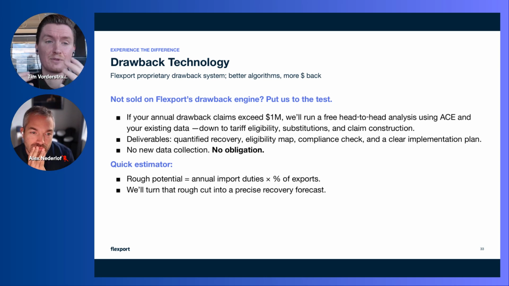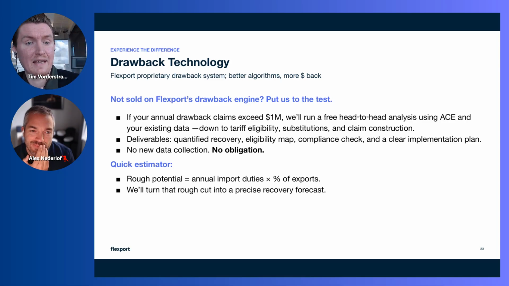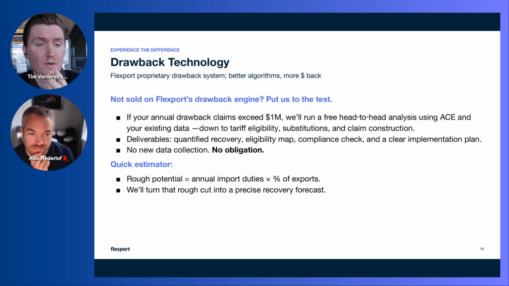At the end of the day, we can't get precise until we really run that data through because of how we're required to calculate drawback at a part number level, at a transaction level, or how we are allowed to claim through substitution. But we'll turn that rough cut into a precise recovery forecast relatively quickly and get you down the path of recovery.